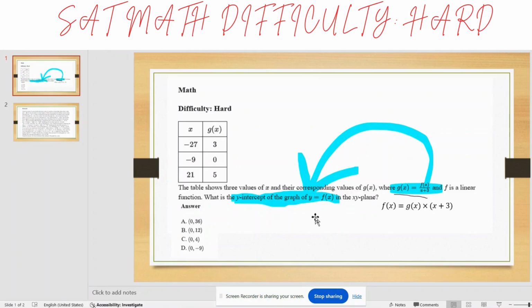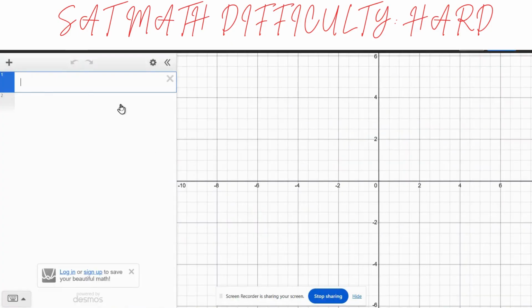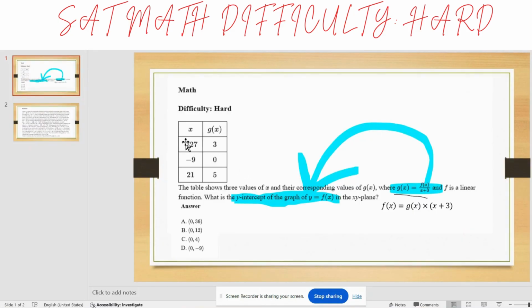In order to do that, I need to find what f of x is for these values here. So let's input the x values here, and then we are going to find out the table here. So f of x is going to be equal to this, if x equals negative 27.